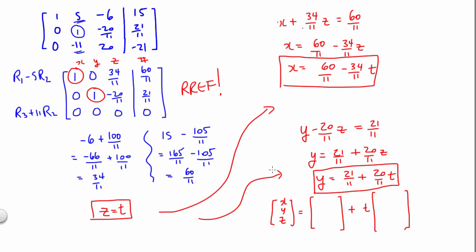So filling in the coefficients, x is equal to 60 over 11 plus t times negative 34 over 11. y is equal to 21 over 11 plus 20 over 11 times t. And z is equal to, well, the constant part is 0, plus t times 1. So there we have our solution in vector form.